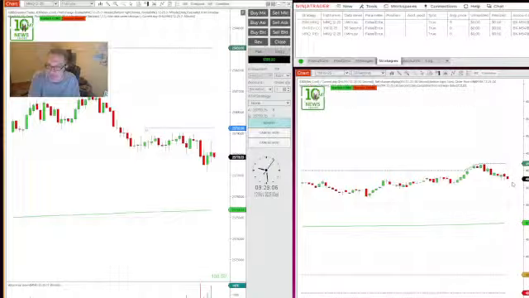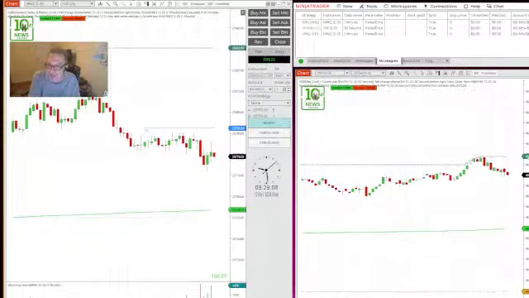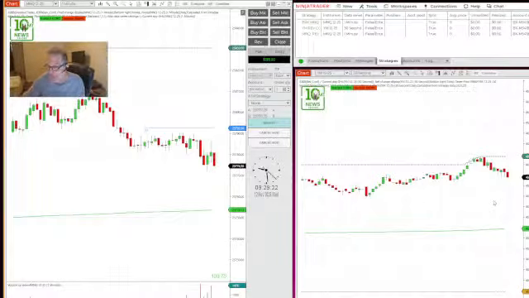Taking it before the open is very interesting. You get out before the open. That's one way to play it. And of course, you could stay in at the open and just keep your stop tight if you've got profit. Right now, it's got profit.